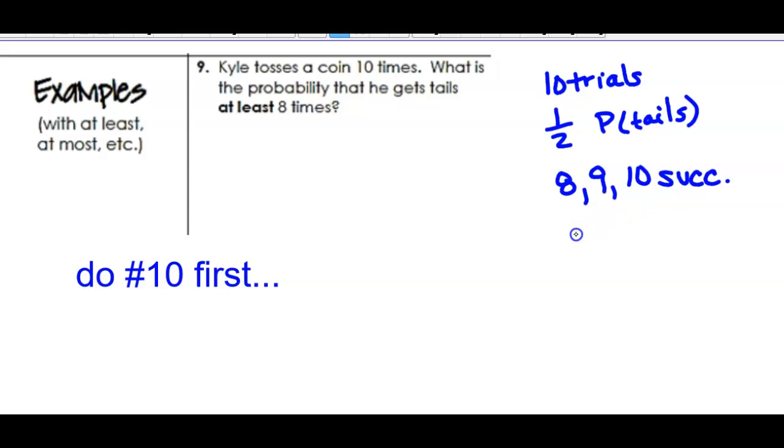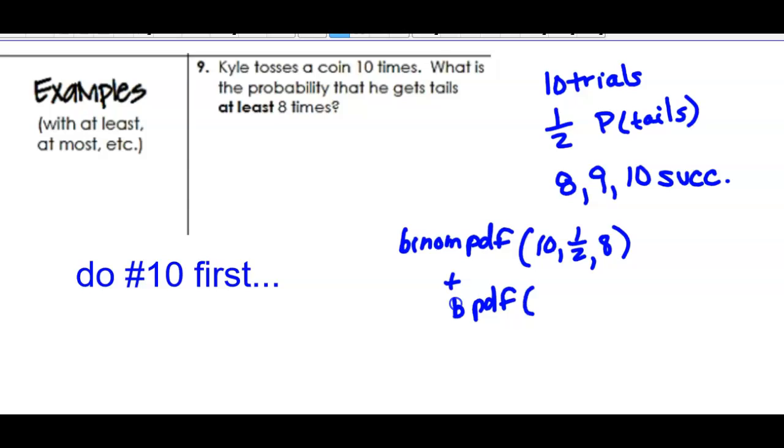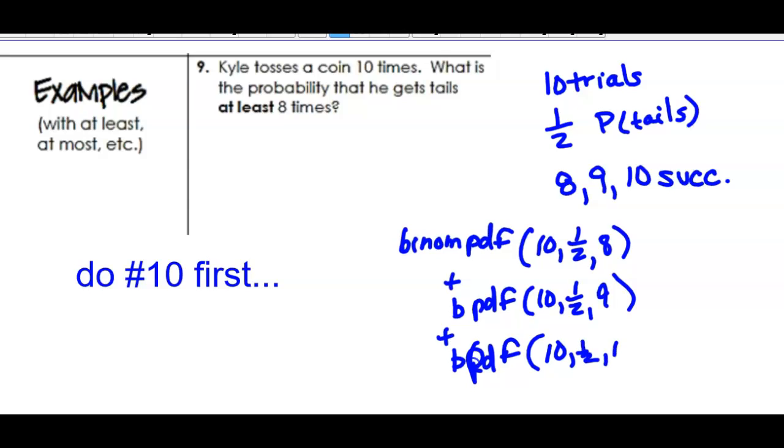So this one, because this is adding up, you have 2 options. You can do binomial PDF, straight up probability of 10, 1/2, 8, plus the binomial PDF of 10, 1/2, 9, plus the binomial probability of 10, 1/2, 10.